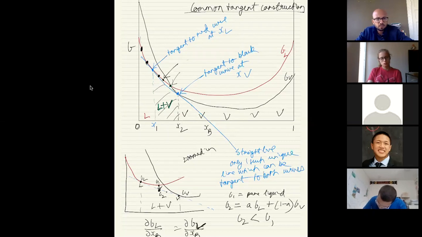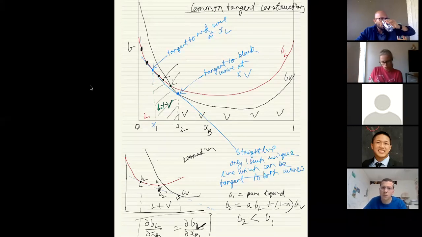That is the common tangent construction if you write it down mathematically. Why did I go for this property? Any ideas? And this is at constant temperature and pressure, and it's a two-component system.